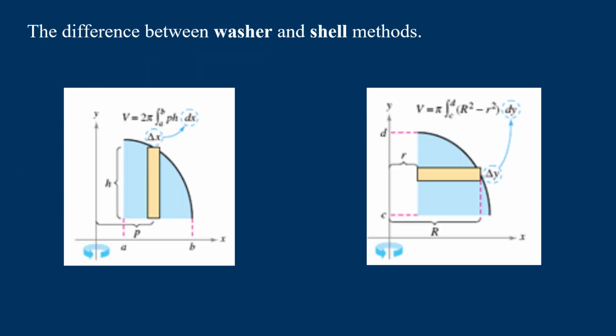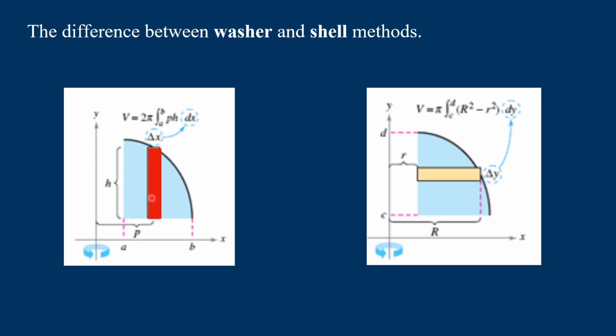So you might have the question, what is the difference between the washer and shell method? I'm going to give two different pictures. This is the blue region, and both are rotated over the y-axis. I draw the rectangle.